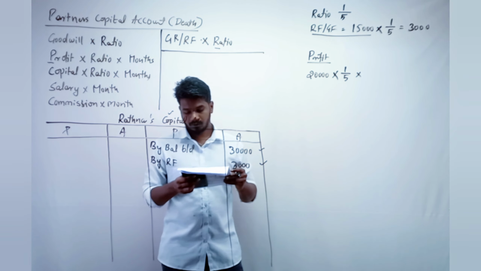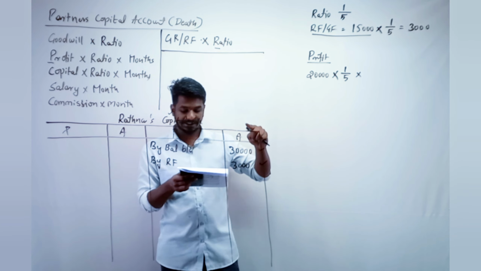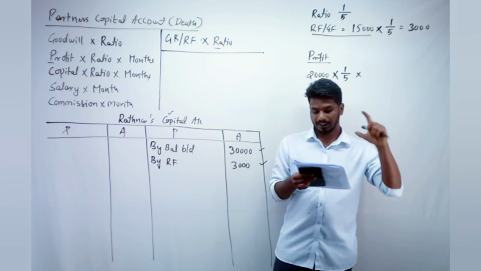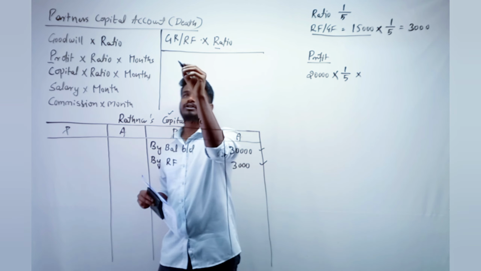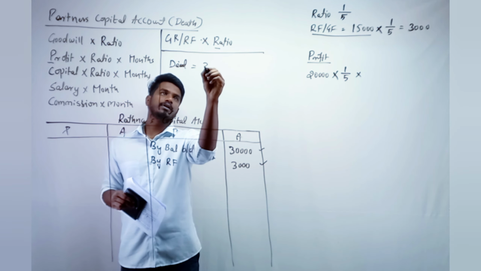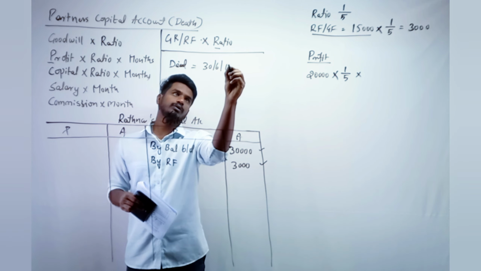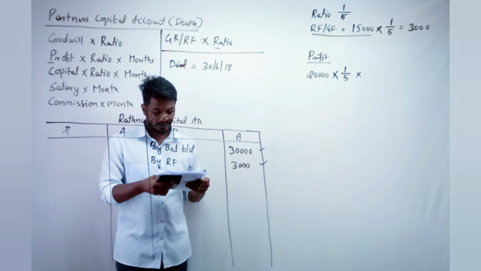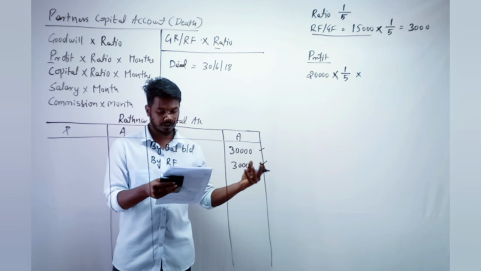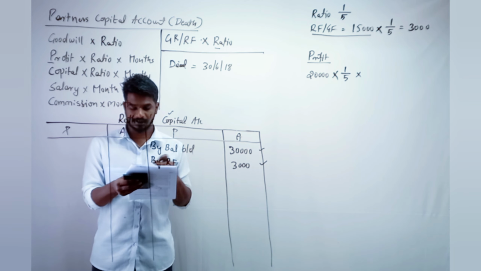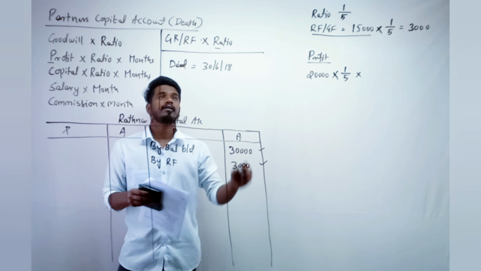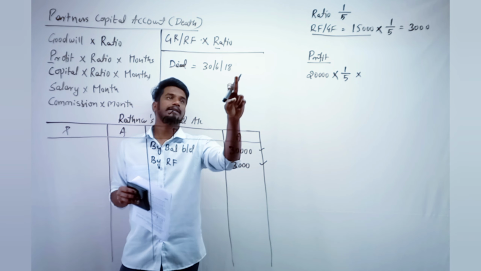Okay, so Ratna died on 30th June, correct? So 30th June 2018. And what is the year? So financial year or calendar year? It is financial year. The balance sheet is as on 31st March 2018, which means she died on 30th June.